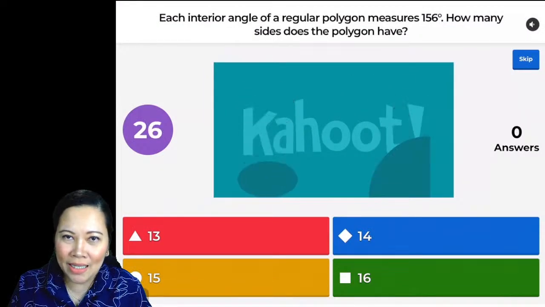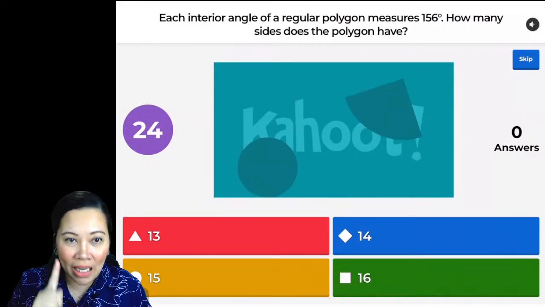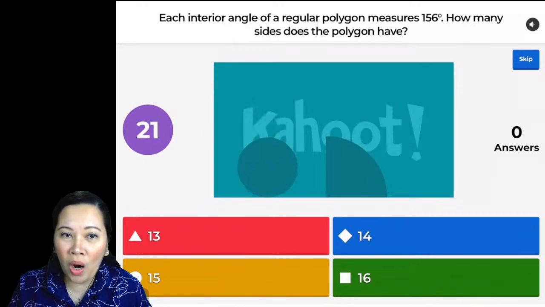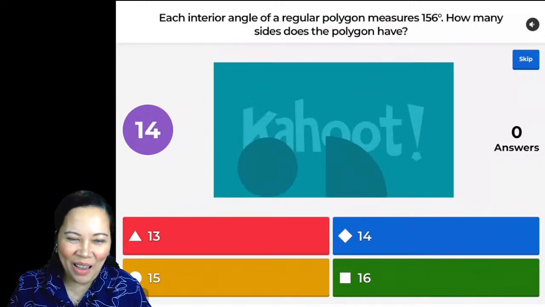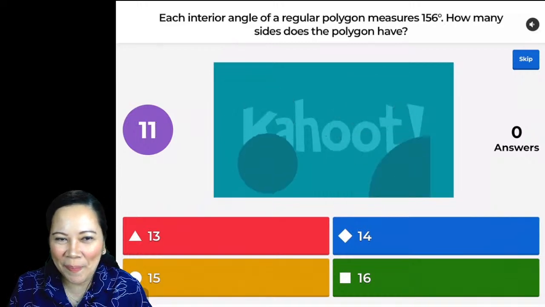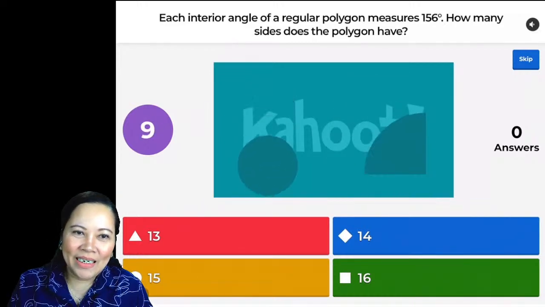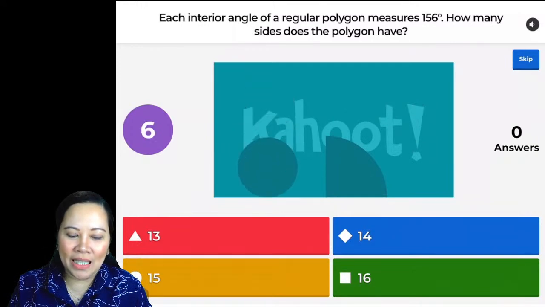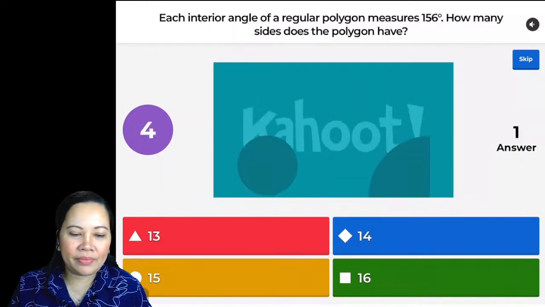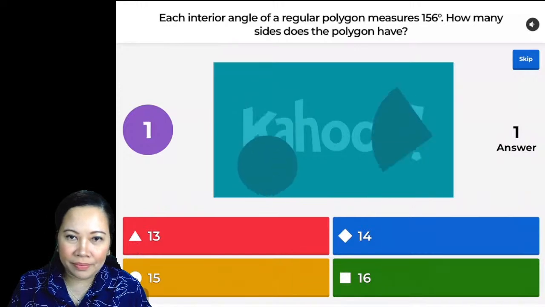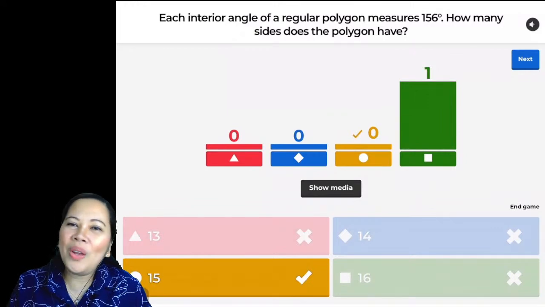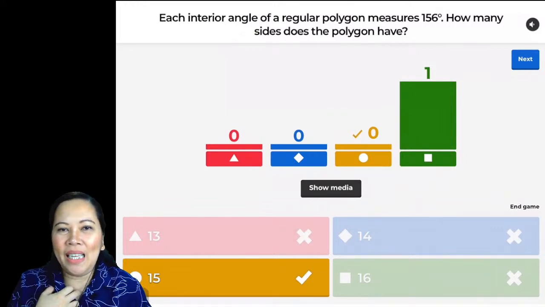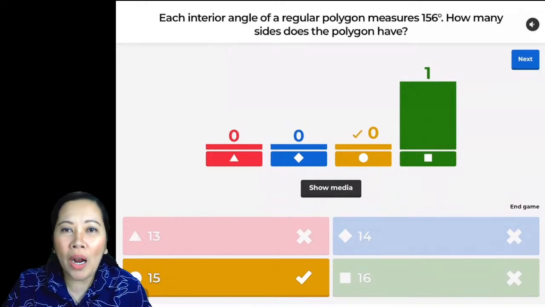How many sides does the polygon have? Oh no, no one answered. It's 15.